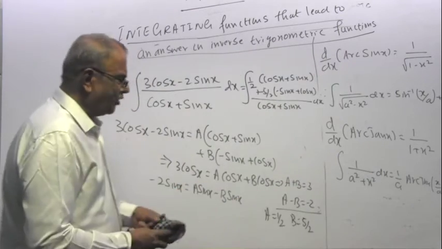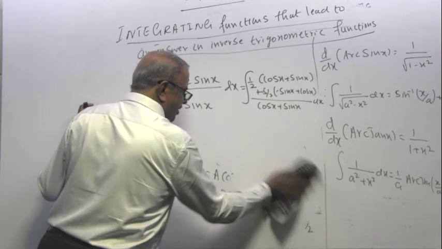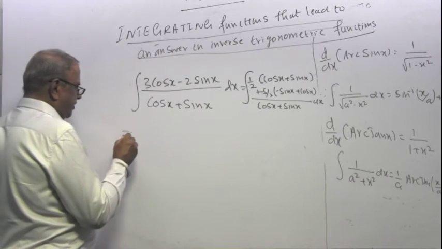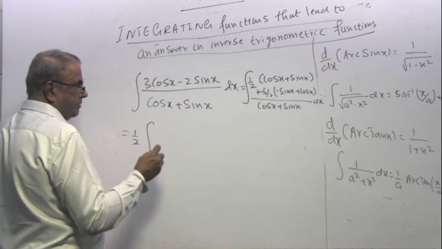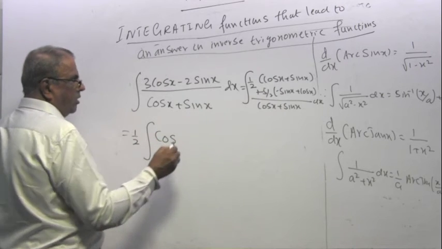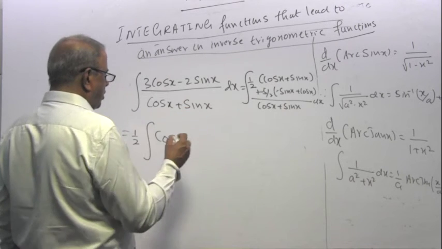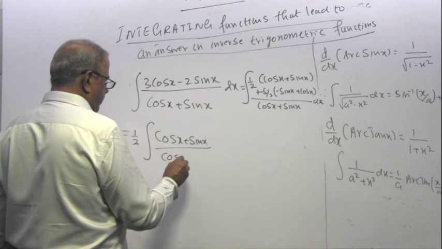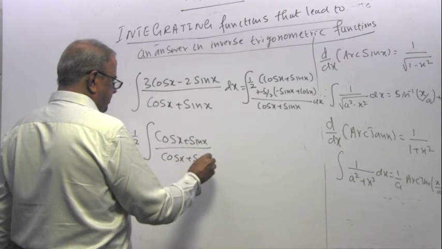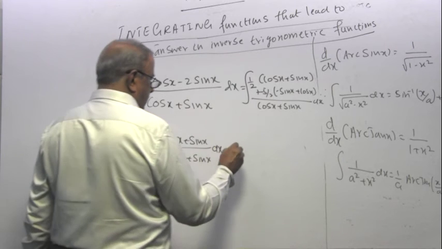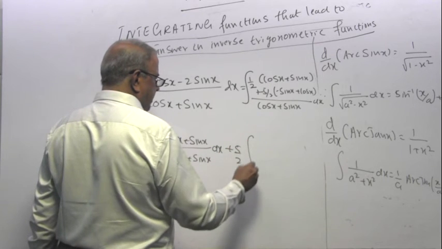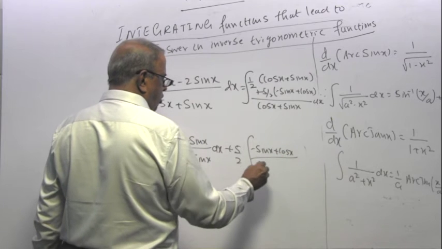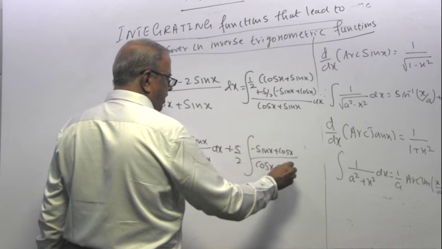It's a long time since I taught this. I always enjoyed doing this. So therefore, let's split them into two integrals. It is half integral, oops, did I go wrong? Oh no, cos x plus sin x over cos x plus sin x dx plus 5 over 2 integral of (minus sin x plus cos x) over cos x plus sin x dx.